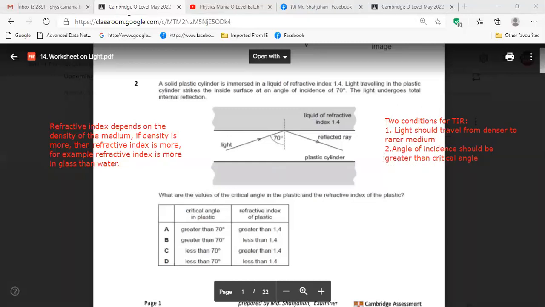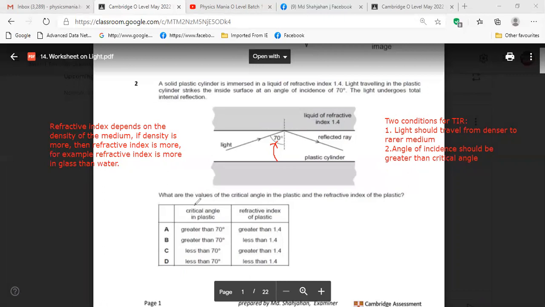Look, this one is angle of incidence, right? And the condition for total internal reflection is your angle of incidence should be greater than critical angle. But the question is asking the opposite way. What will be the critical angle in plastic?